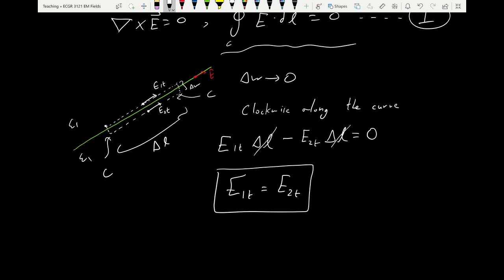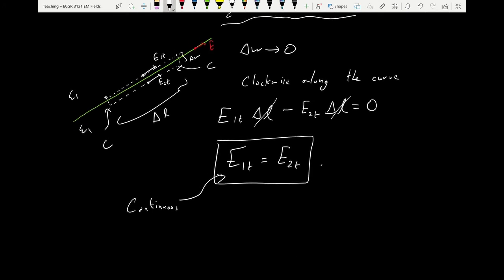So the tangential component of the electric field intensity is continuous, meaning there's no jump in it as we cross the interface. However, the flux density vector is not continuous. Why?